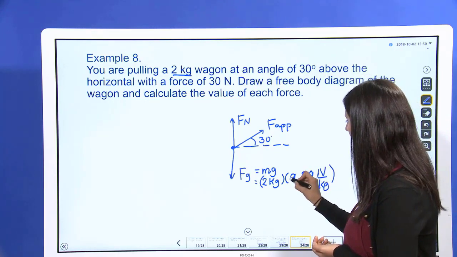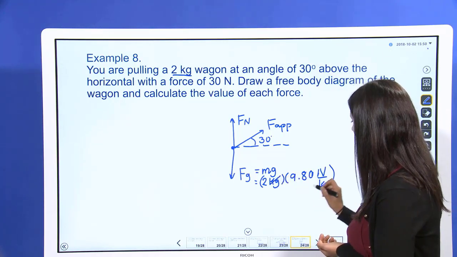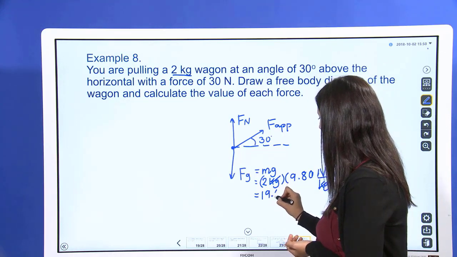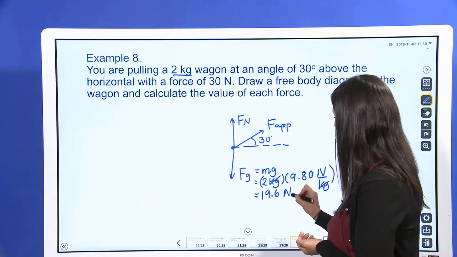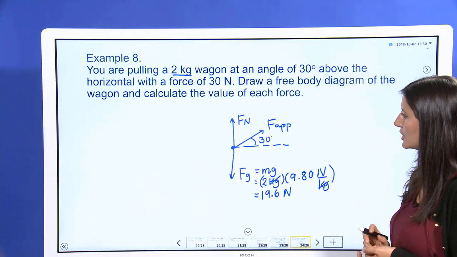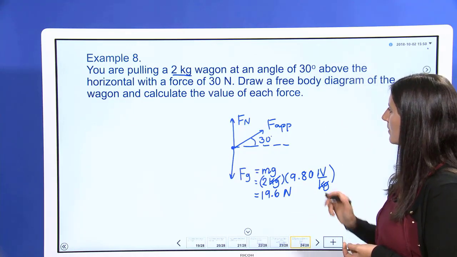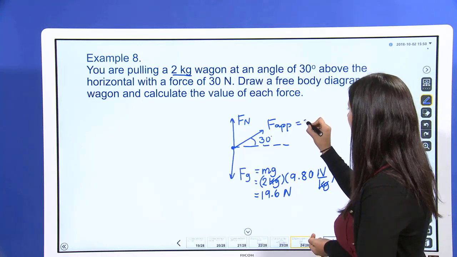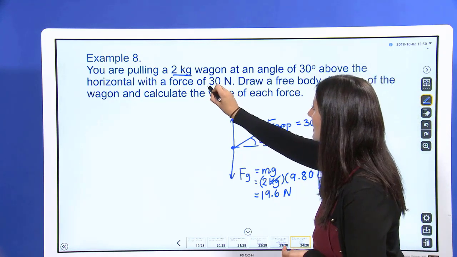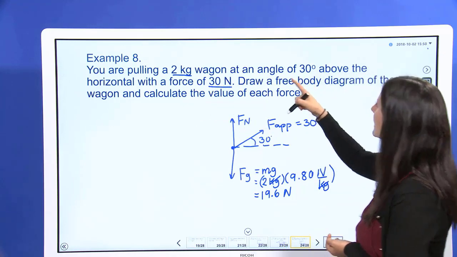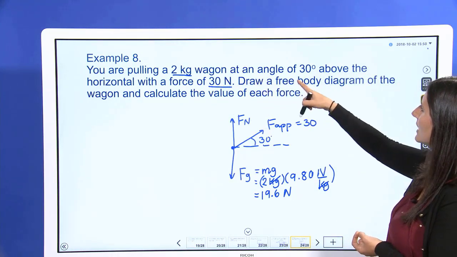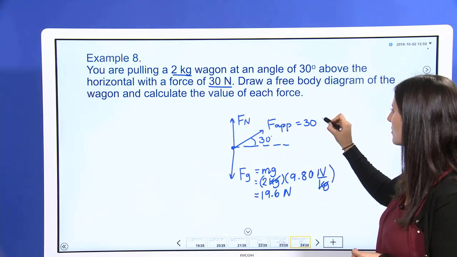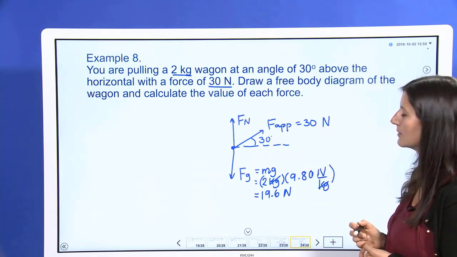The kilograms cancel one another out, and I get 19.6 newtons. Okay, so that's my Fg. My F applied, the question tells me my F applied is 30 newtons. Okay, so that's right here. It tells me I'm pulling the wagon at an angle of 30 degrees with a force of 30 newtons. So this is my force applied, is 30 newtons.